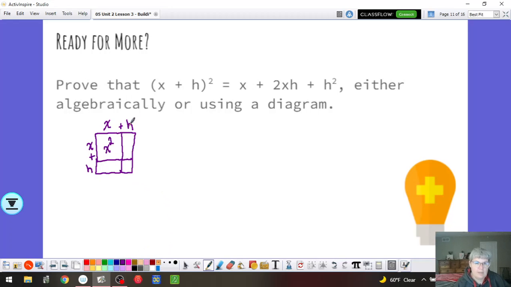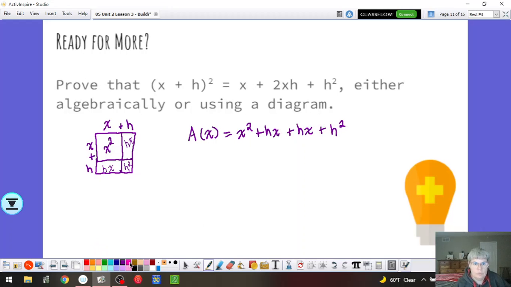We have x by h. I'm going to write that as hx. We have h by x again, so that's hx. And then we're going to have h by h for h squared. And if we total the area, so if I first write an expression that has each of the areas separate, we have x squared plus hx plus hx plus h squared.